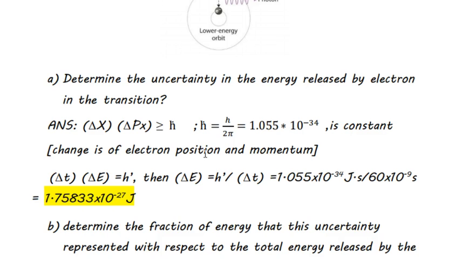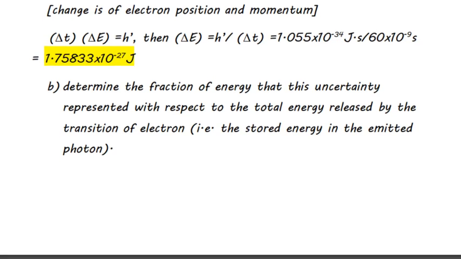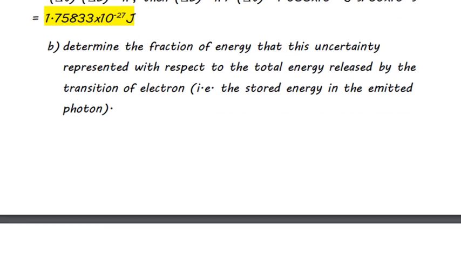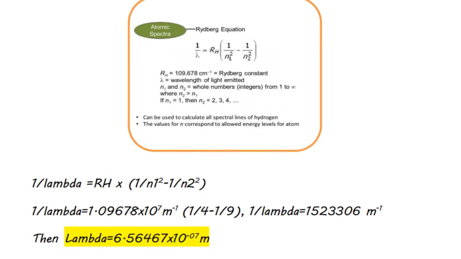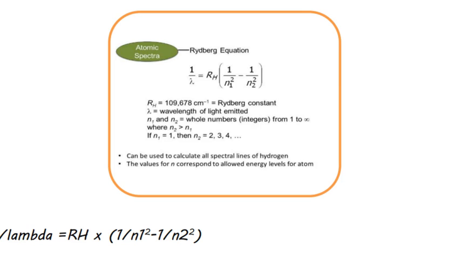So this is simply how we calculated the uncertainty in the energy released by the electron to the photon from this transition process. Now, to determine the fraction of that energy transferred with respect to the total energy released by the transition of the electron, this fraction can be calculated by applying the Rydberg equation.